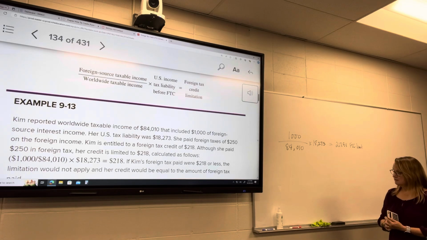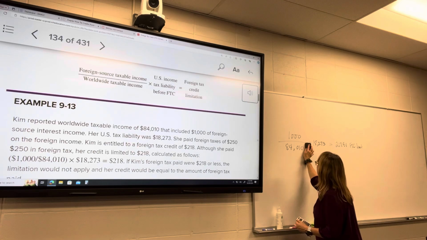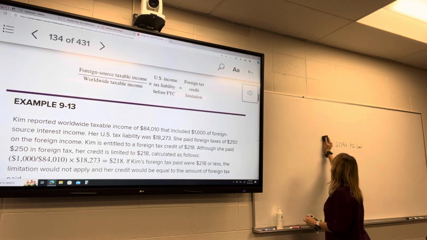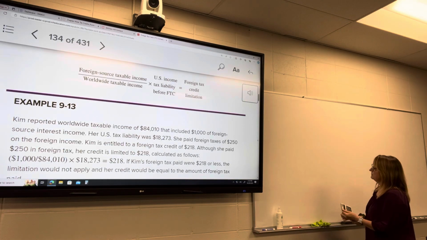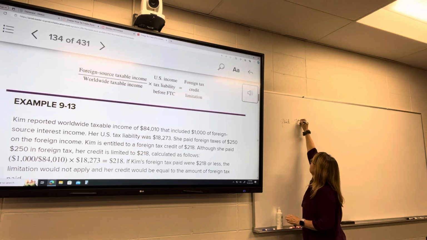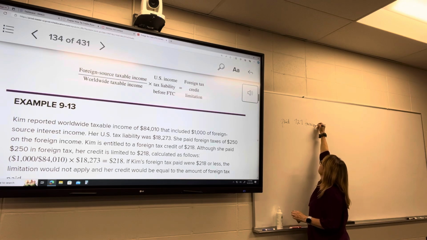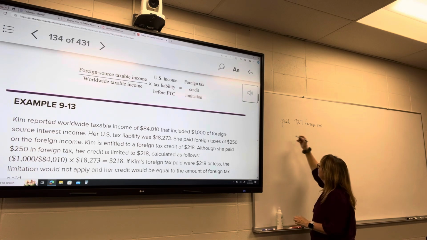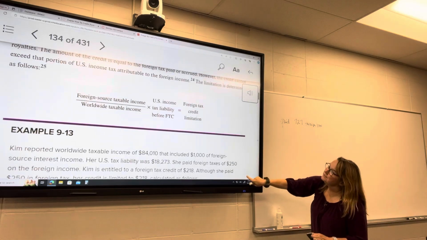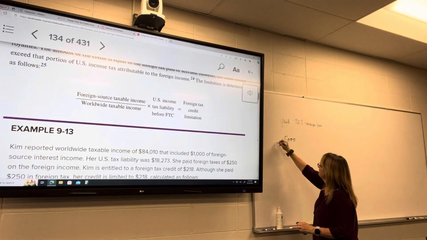Foreign tax credit limit. So let's make some other example up. Let's just say we paid $727 in foreign taxes. And our foreign source taxable income was $5,000.